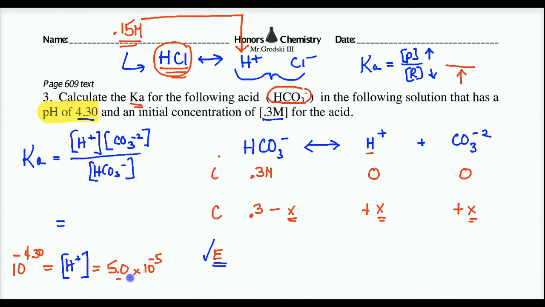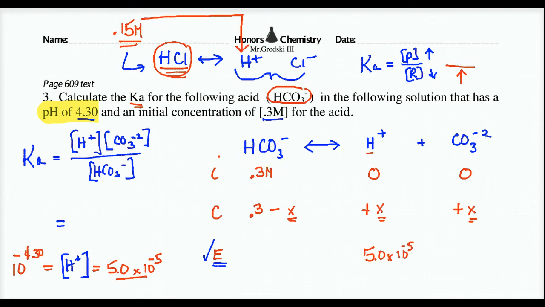That is my concentration of my H plus at equilibrium. 5.0 times 10 to the negative 5. Wait a minute. 0 plus x equals 5 times 10 to the negative 5. My friends, in chemistry, the x is 5.0 times 10 to the negative 5. The pH told me that that is the H plus ion concentration that this generated.